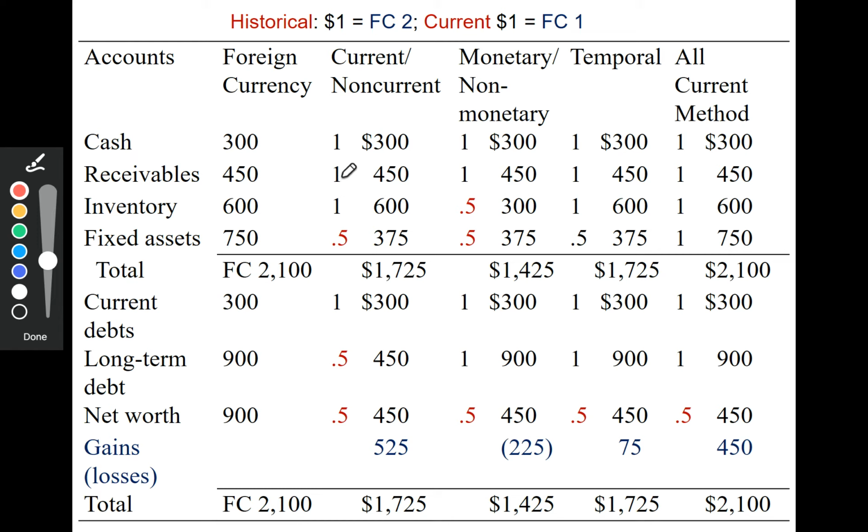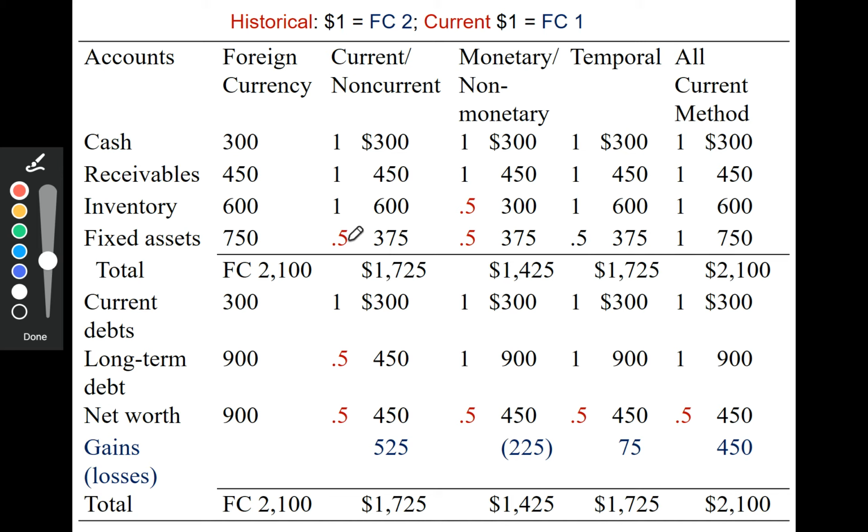Therefore, I need the current exchange rate, and I should multiply by 1 to get dollars. I write a 1 here. Then I go to inventories. Same thing. Inventories are a short-term asset, and we use the current exchange rate for short-term asset and multiply by 1. Then I go to fixed assets.